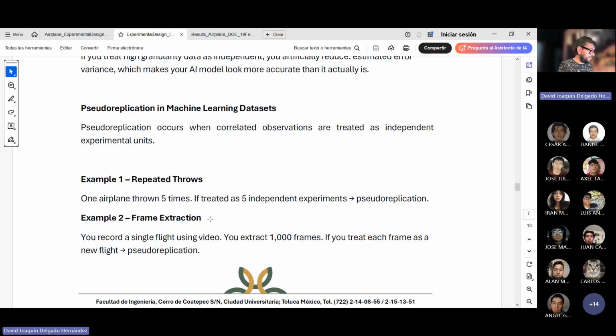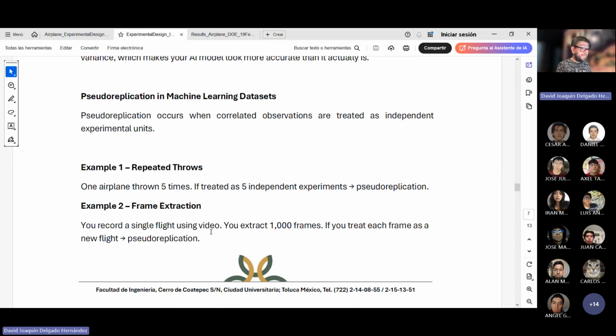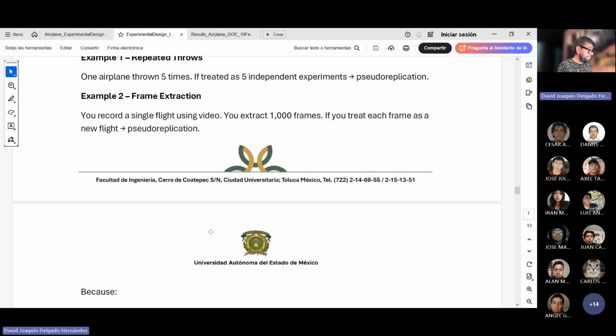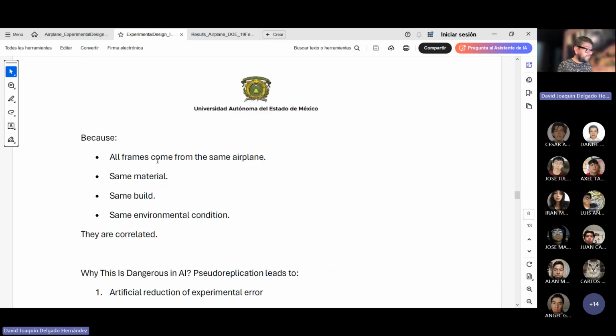Frame extraction, again, if you record a video and you extract 1,000 frames, you have pseudo replication, okay? Because all the frames come from the same airplane. Again, if you just have one airplane, that is not a very good design because you are just going to have a model that is valid for that particular airplane, not for other airplanes, okay?